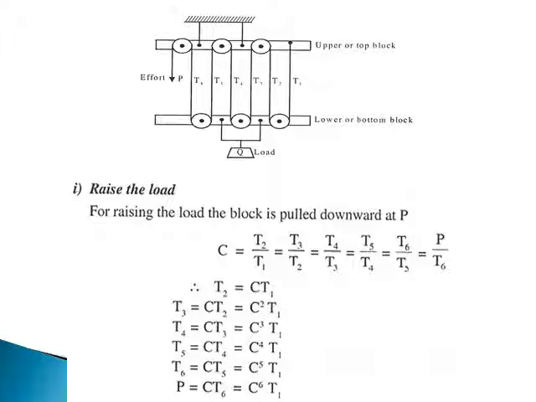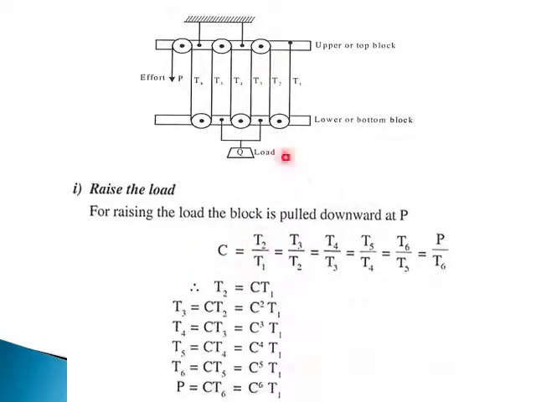First condition: we calculate the ratio of tensions in the belt, I mean to say the rope. For raising the load, the block is pulled downwards at P. So we use the ratio of tensions.